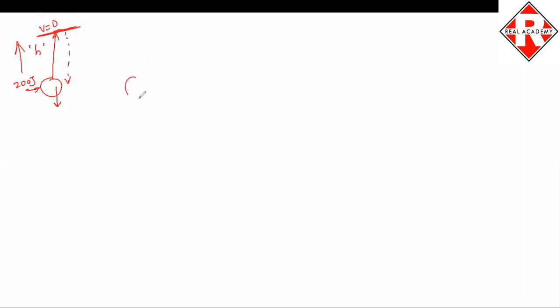Similarly, if I applied around 500 joules of energy, again it will be set into motion and thrown up to a greater height. Again, the final velocity will become zero and then it will start falling downwards. This will keep on happening as long as the force of gravity is able to influence that particular object.